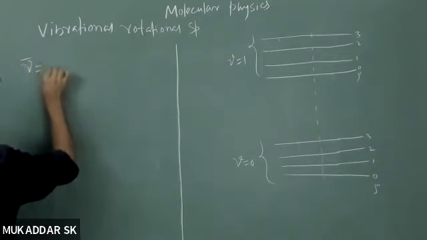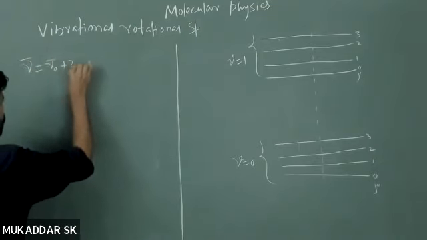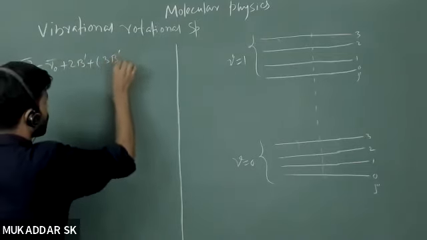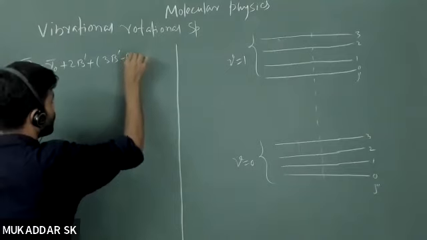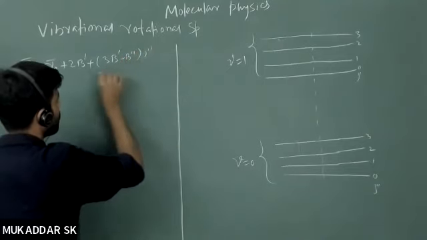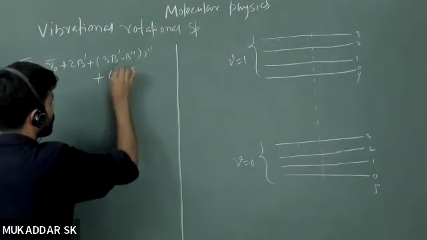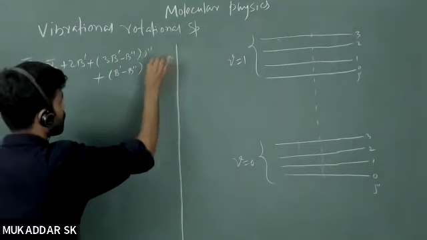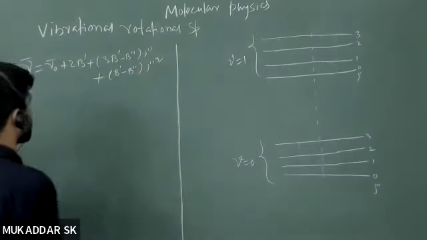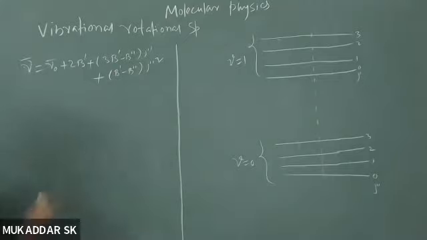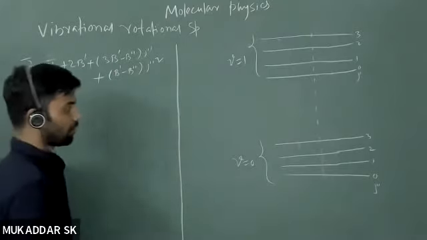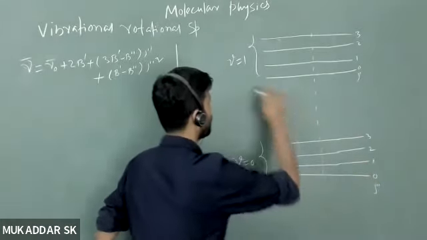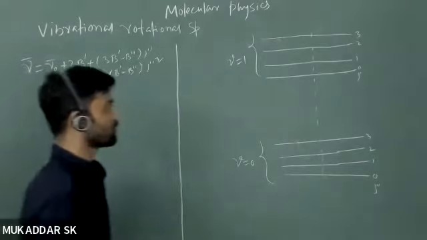And we have this ν̄ = ν̄0 + 2B' + (3B' − B'')J'' + (B' − B'')J''². This is your wave number. Now, as I told you, there will not be much change in B, because for v going from 0 to 1 there will not be much change in the bond length.